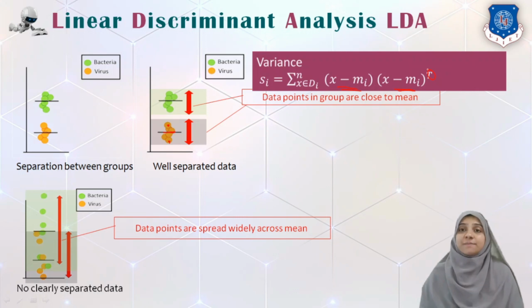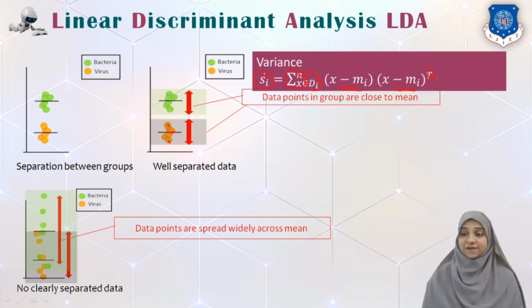This is the same as squaring the difference, to avoid cancellation of positive and negative differences. So we calculate the difference of data points to the mean, multiply by its transpose, and sum over all the data points that belong to a particular group Di, and that is called the variance Si.